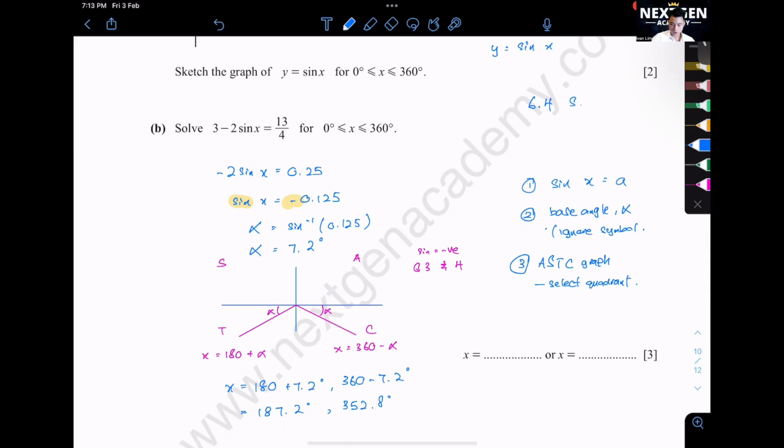This one is on solving trigo, because we spent quite a bit of time that time to go through this type of question. So just go through the solving of trigo, sine, cos, and tangent for any angle. That's the topic. You just need to follow these steps that I just wrote: 1, 2, and 3. Select quadrant, then calculate. 187.2, this one 352.8 degrees.